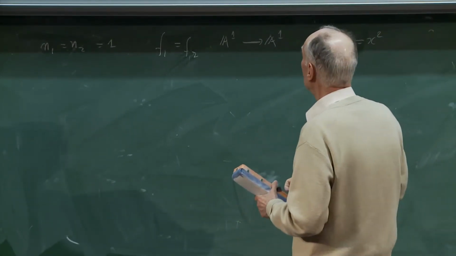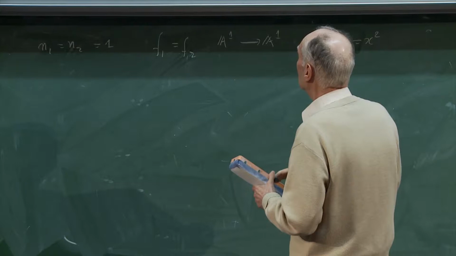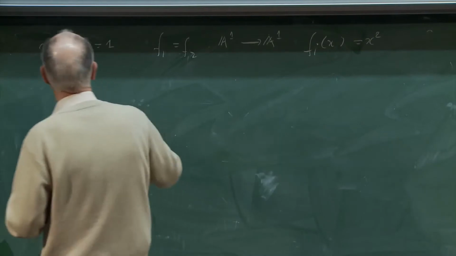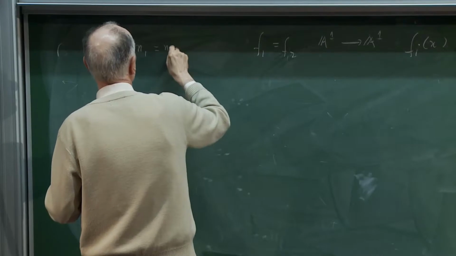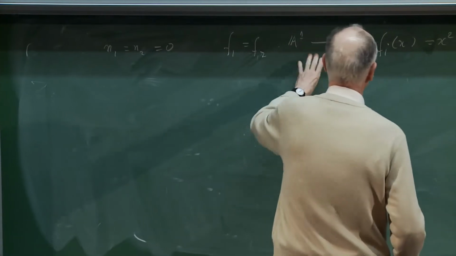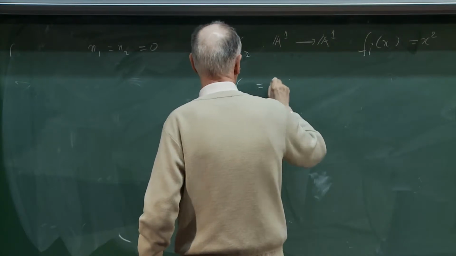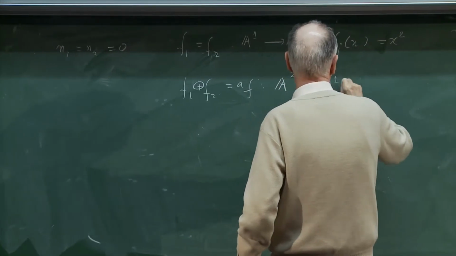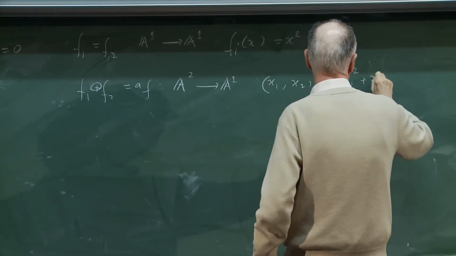Then in this case, F_1 plus F_2, this AF, from A^2 to A^1, is just (x_1, x_2) goes to x_1 squared plus x_2 squared.